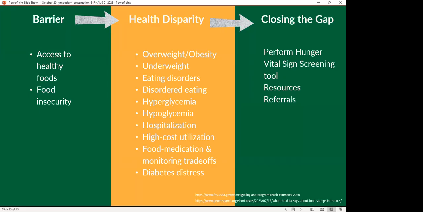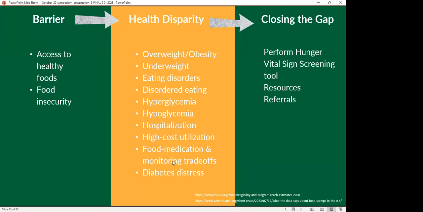Sometimes there could be food, medication, and monitoring trade-offs because we have to meet our basic needs. So if there is no money to purchase food, then the medication will not be purchased because food will be the basic need.